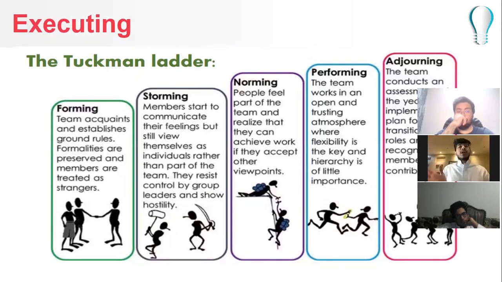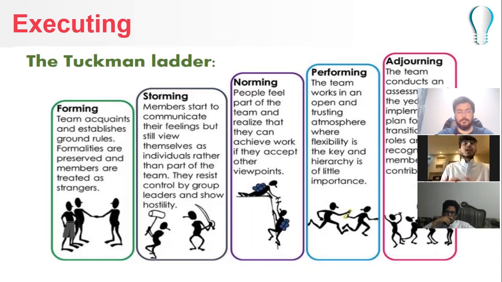Here in executing, we will understand what the team does in any project. We have five stages: first forming, second storming, norming, performing, and adjourning. Forming means the team members meet and are polite, and members trust each other as strangers.